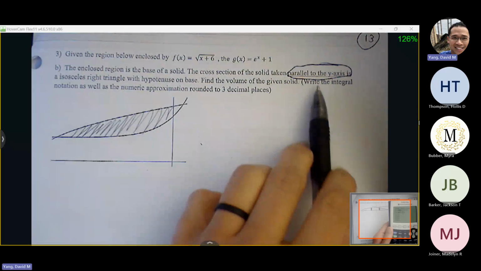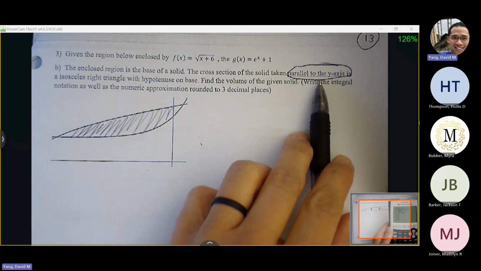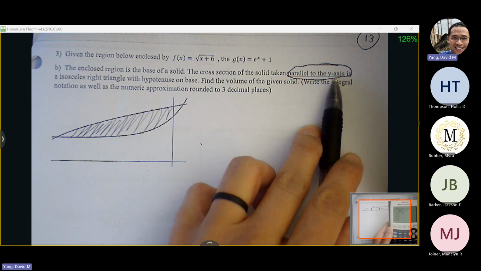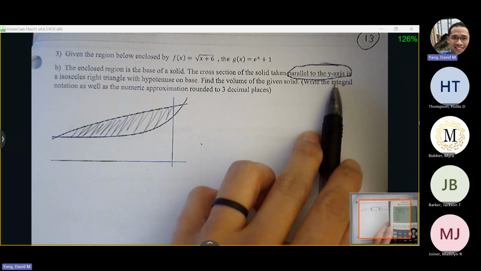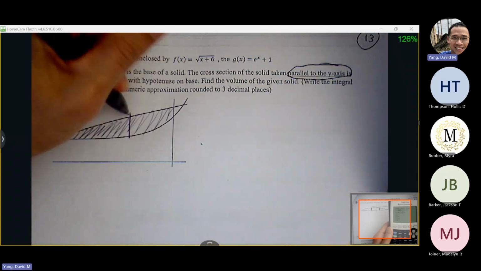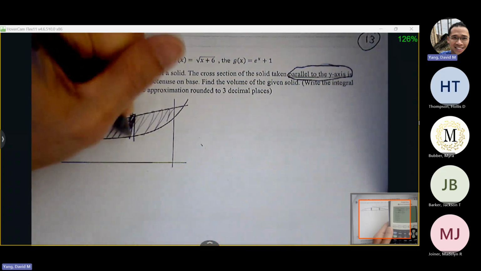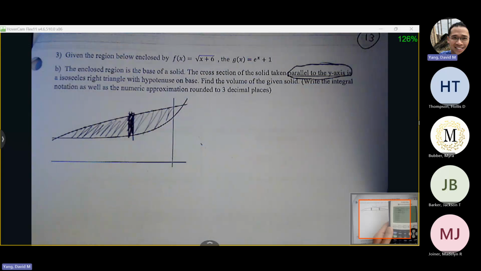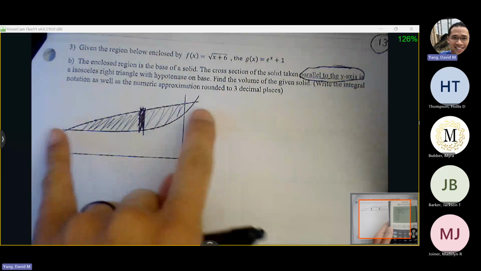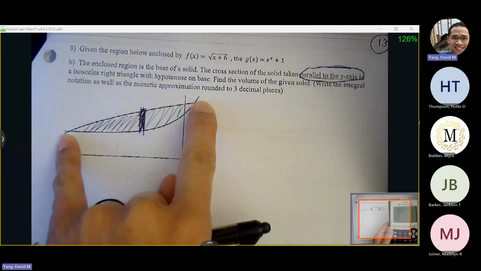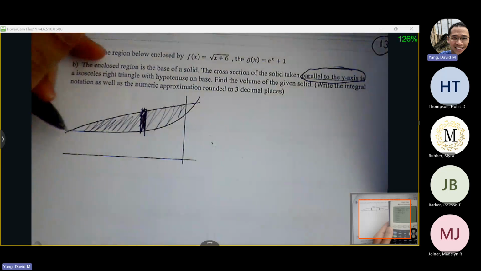First order of business, we got to figure out which direction this is talking about. Parallel to the y-axis, which direction is that? Vertical. Yeah, the y-axis is vertical. Parallel, we stay in that same orientation, so vertical. That's nice. That means we can use the original functions. No need to adjust anything. The bounds we found already, just pick out the x values.